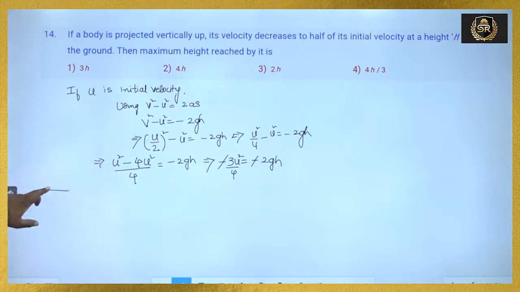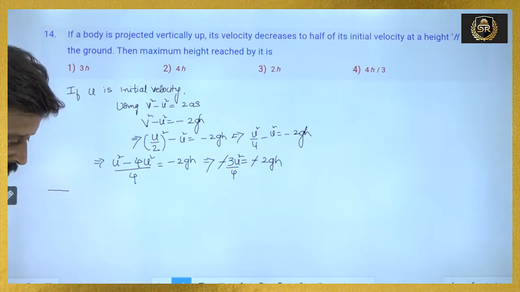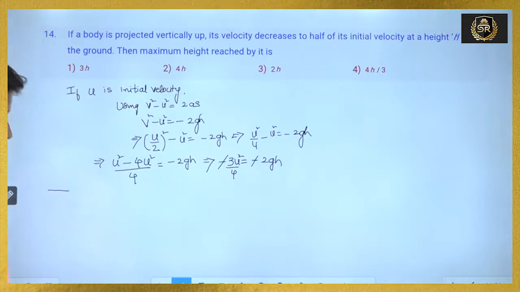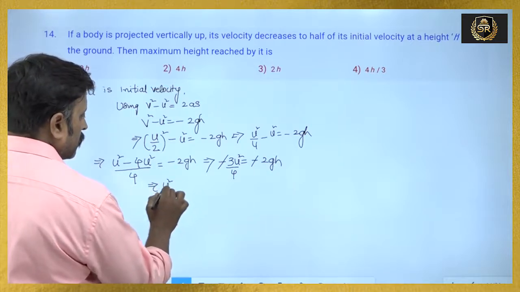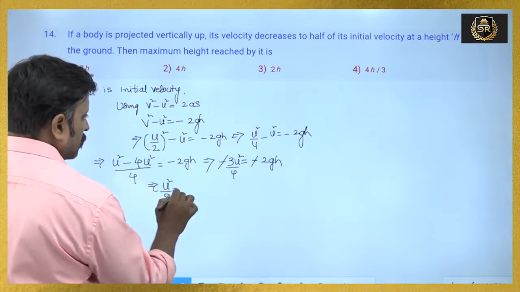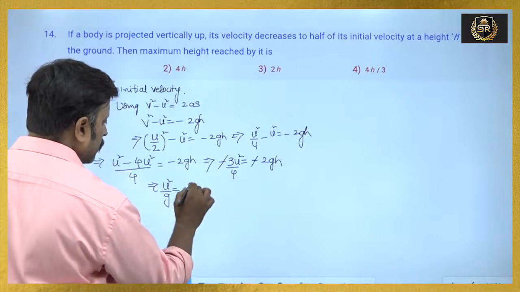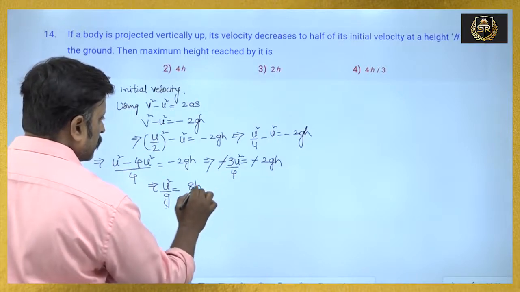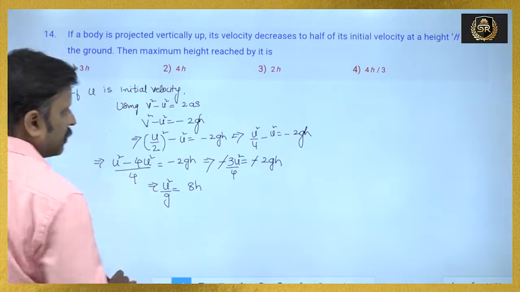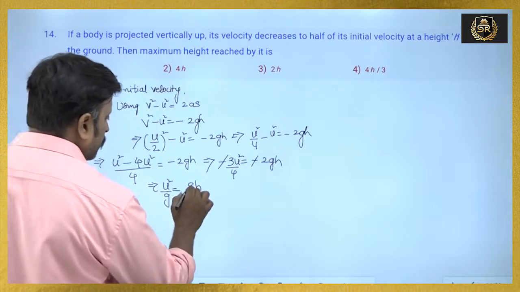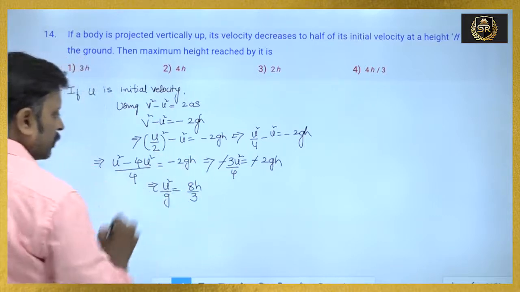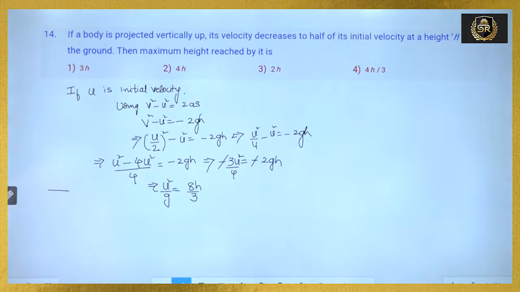So, u square by g is equal to, cross multiply 4 to the 8h by 3. u square by g is equal to 8h by 3 I am getting.